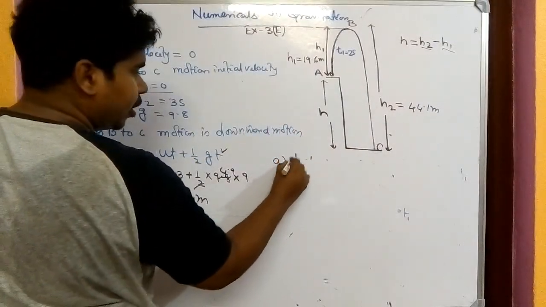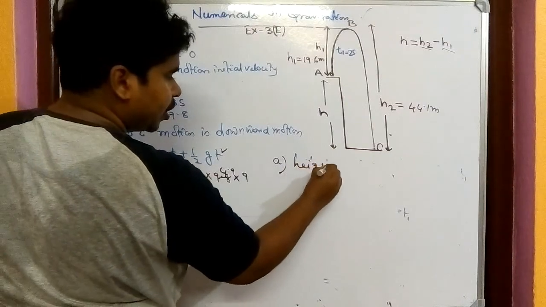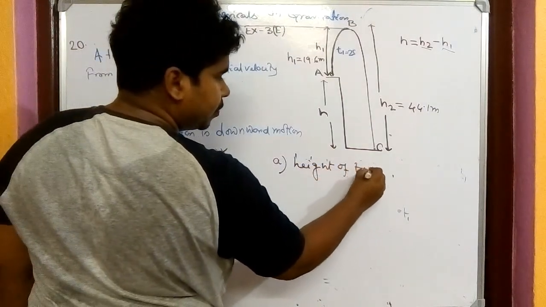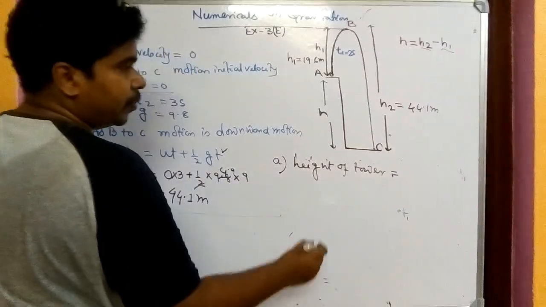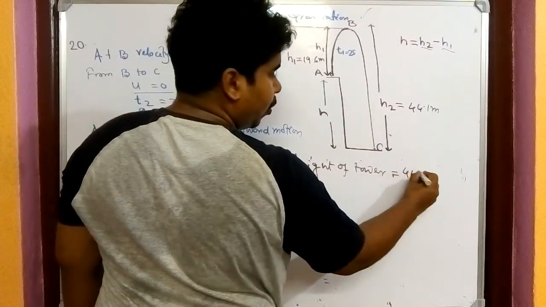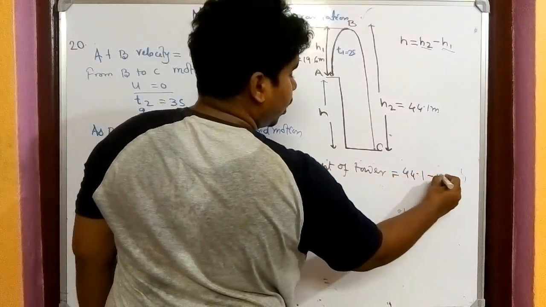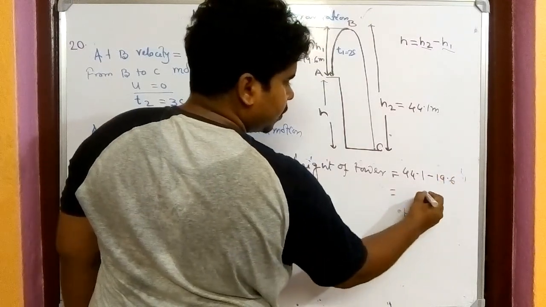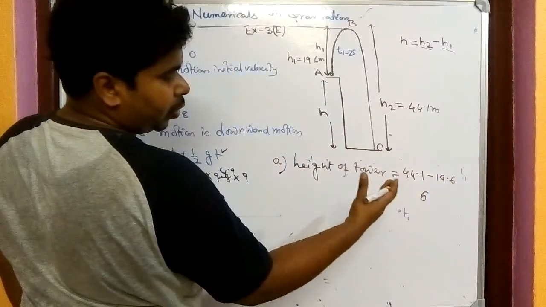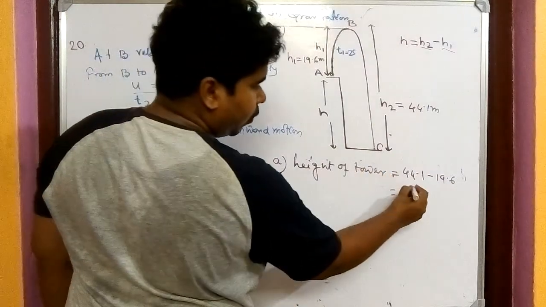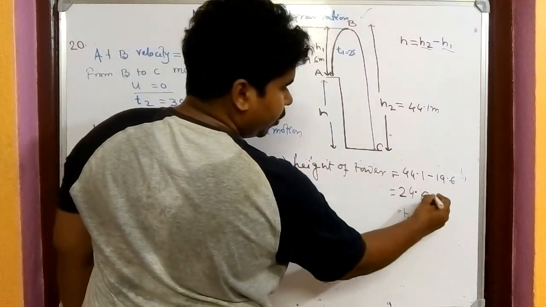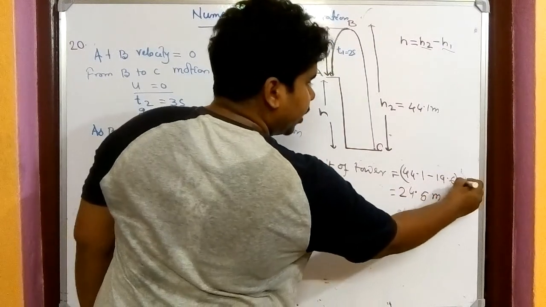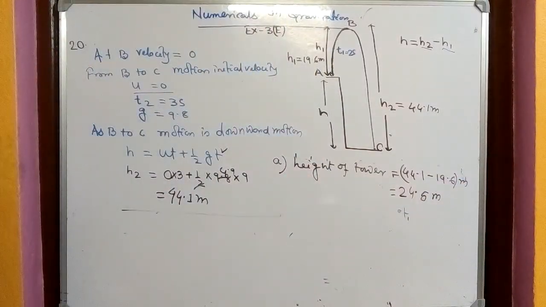Here we have to mention the height of the tower equals 44.1 minus 19.6. So it is 24.5 meter. So it is the height of the tower, that is 24.5 meter.